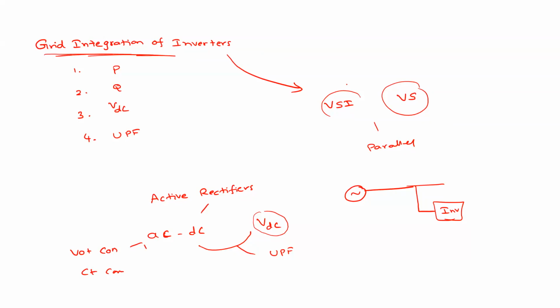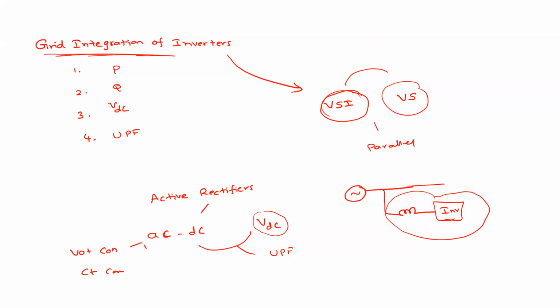So if you want to integrate these two, we need to convert this into a practical current source. If you connect an inductor in series with the inverter, how will this entire thing behave, as a current source or a practical voltage source?